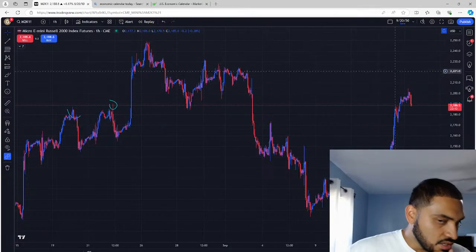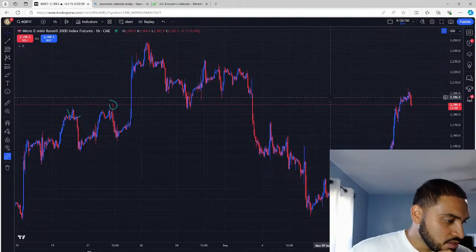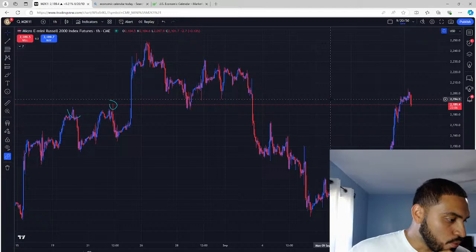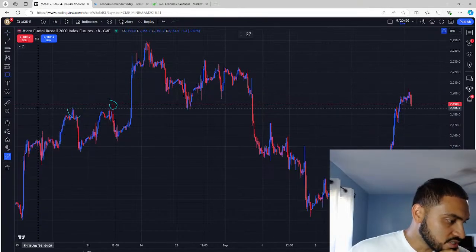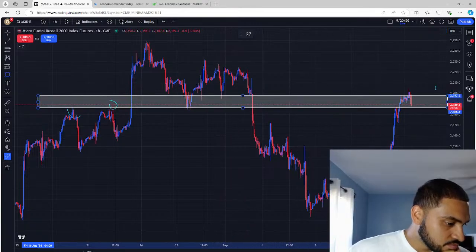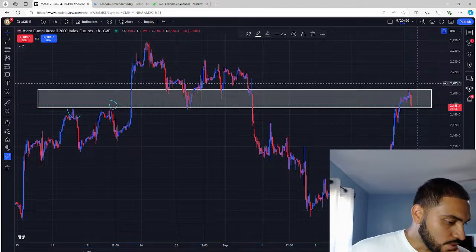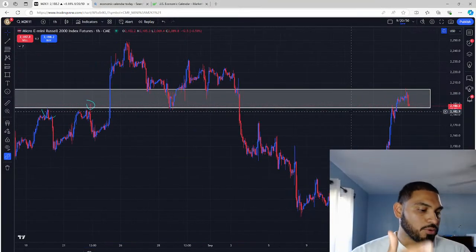It looks like that's where we're getting a little bit of reaction off on the Russell, because we are at a point of resistance right over here. We can highlight that. I would say right here we are at resistance. So that's how I would mark this.